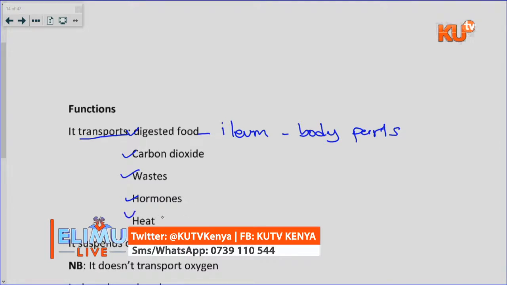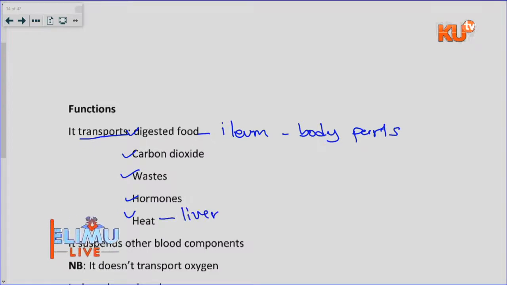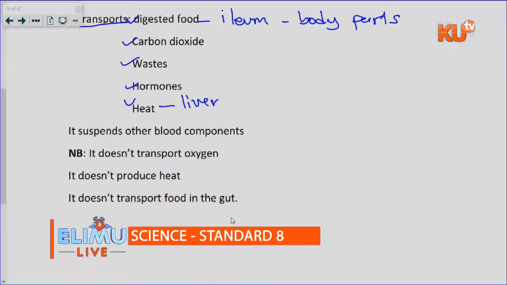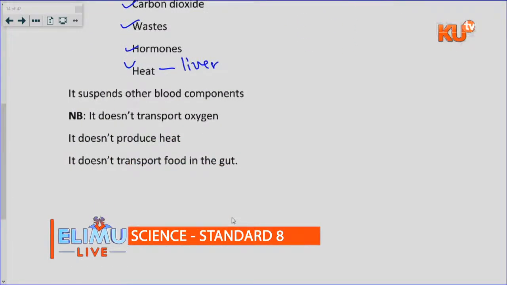It transports heat, and heat is produced by the liver, so it transports heat from the liver to other body parts. It also suspends other blood components. This is a key point. You're likely to be asked in an examination which blood component suspends other blood components, and the right answer is plasma.